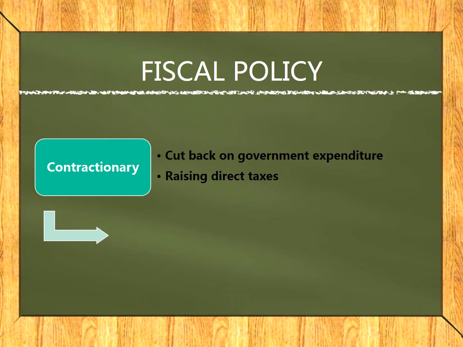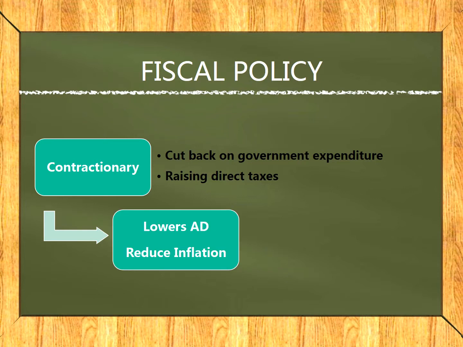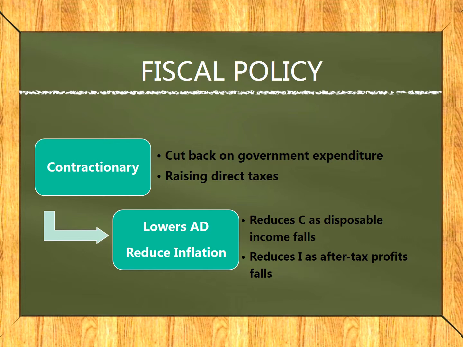This means that government expenditure has to be reduced and direct taxes like income tax and corporate tax have to be increased. All this will help to lower aggregate demand as both consumption and investment fall. With falling aggregate demand, it will help to lower demand pull inflation.